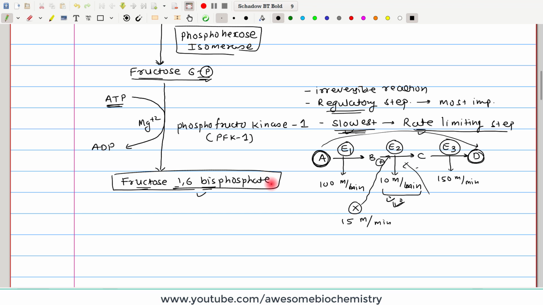Fructose 1,6-bisphosphate cannot undergo any other pathway. It is committed only to glycolysis, and that is the reason this step is also called a committed step. Why? Because once this step occurs, it has to undergo glycolysis only. That's why it is also called a committed step.